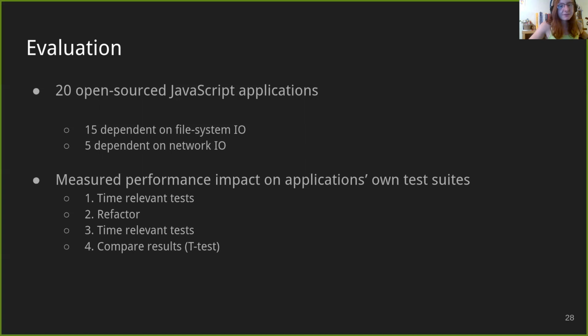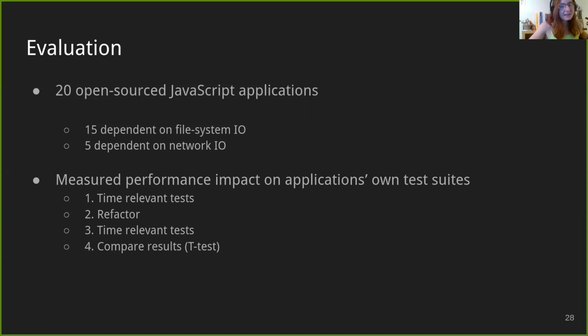And then for each of these, we measured the performance impact on the application's own test suites by way of experiments as follows. So we found the relevant tests, and here relevant means the tests that are executing the await statements that are candidates for refactoring. So we time each of these tests, then we do the refactoring, and then we time the test again.